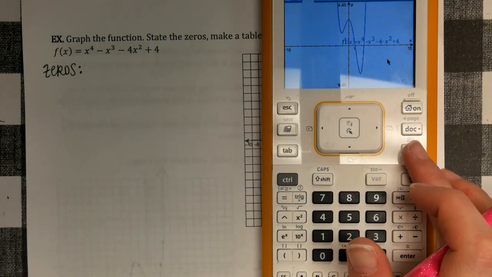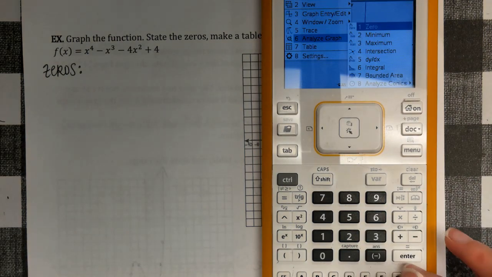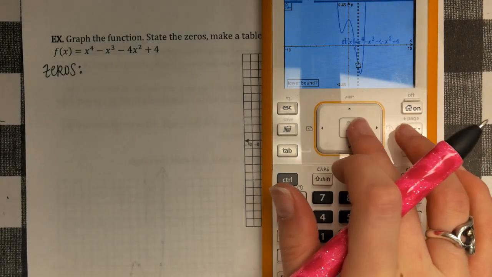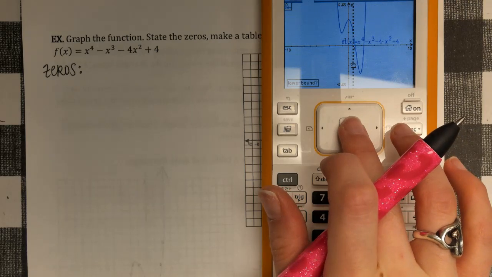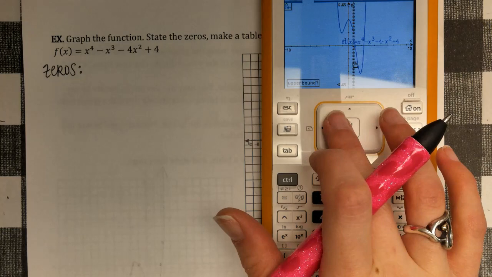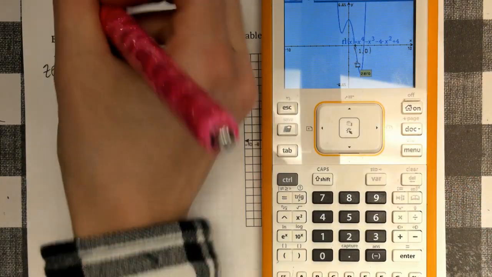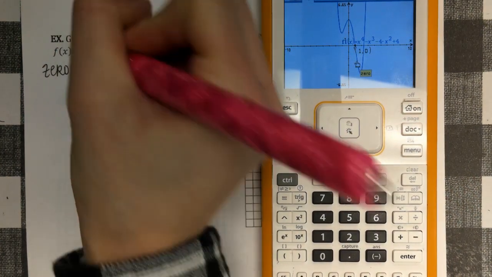Once you graph it, you can find your x-intercepts. Menu 6, enter. I go to the left, press the middle button, scroll over to the right. Gives me 1, 0.